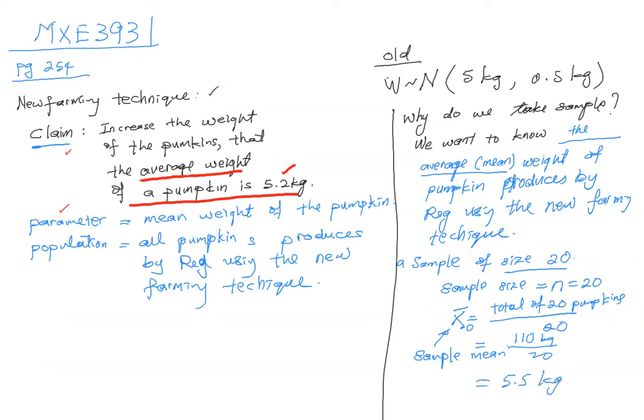So this is the mean of a sample. This is called the sample statistic. Our statistic is the mean.